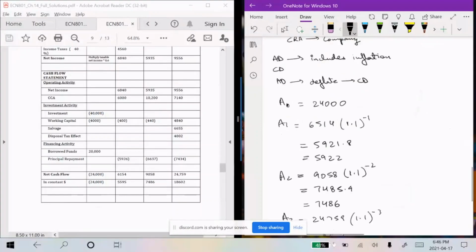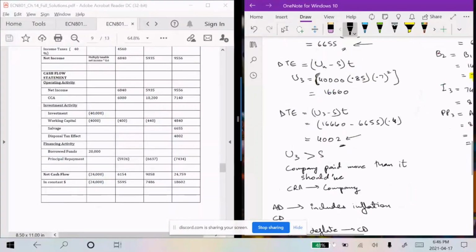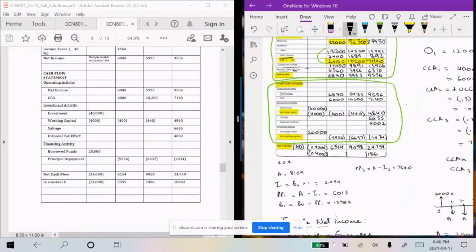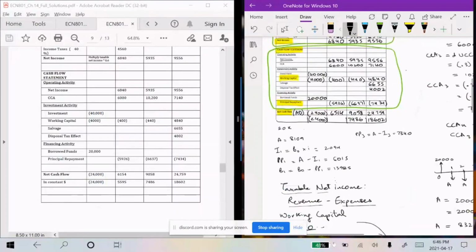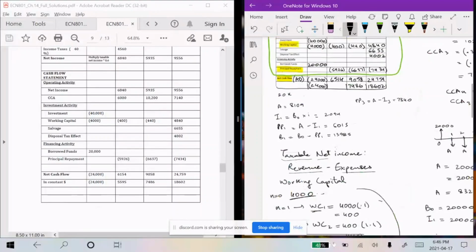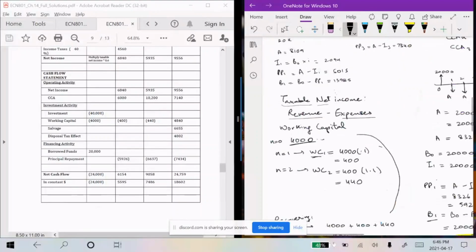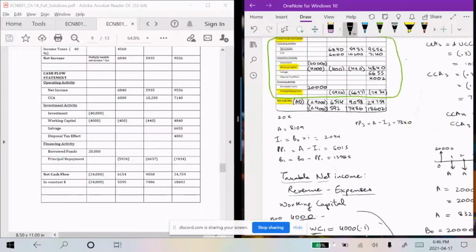So that is what we copy all the way up: 18,602, 7486, and 5922. This is the net cash flow in constant dollars.